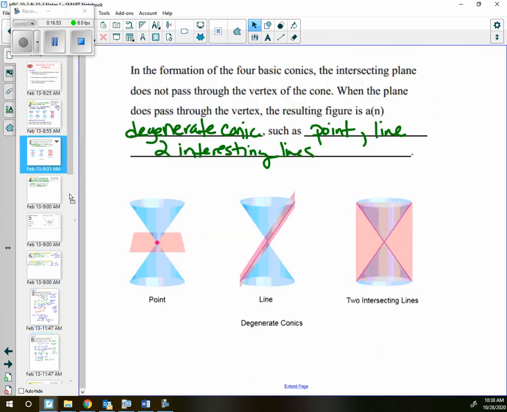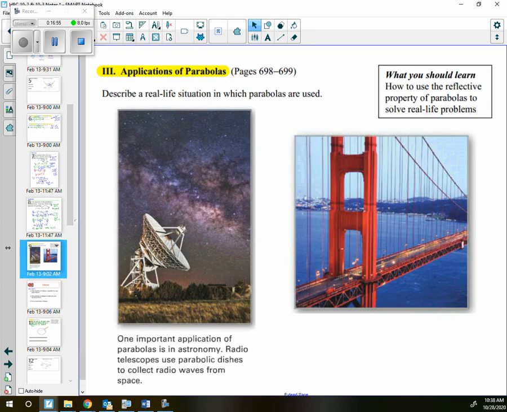We'll talk about a couple different things here, just to show you. So when we talk about how we use parabolas in design, because of that equal distance, it's a very strong shape. So things like the Golden Gate Bridge, they use it to design that shape, and so we can even see that in some of the bridges around here where we have that sort of parabolic, they call it, shape to be able to construct the support beams.